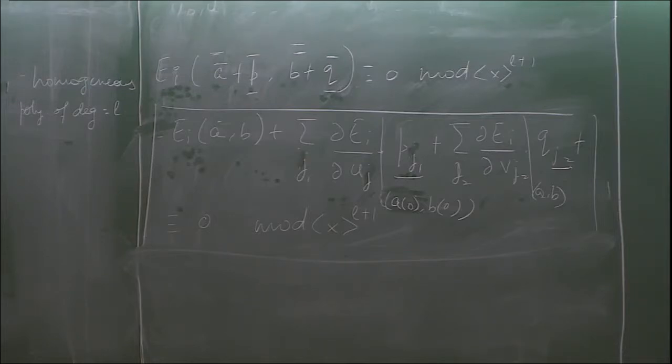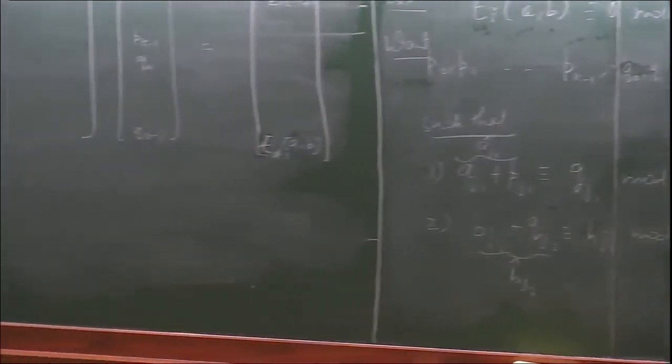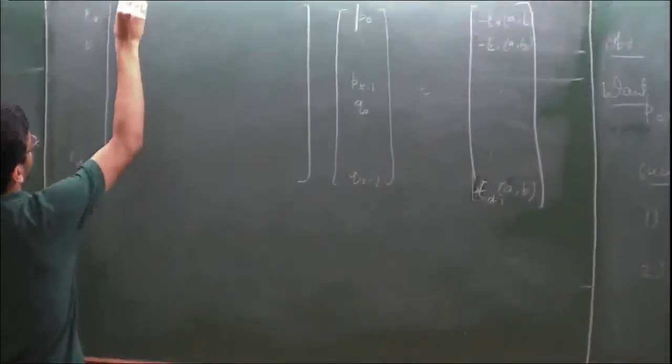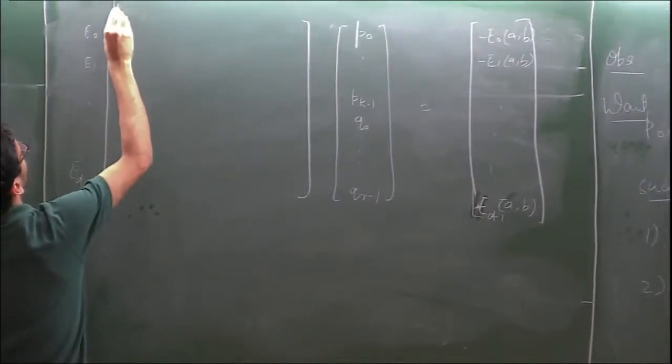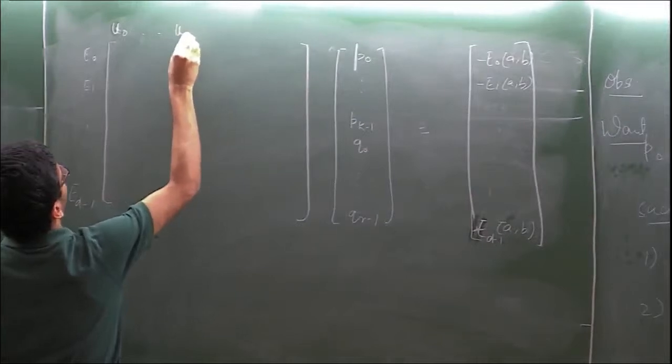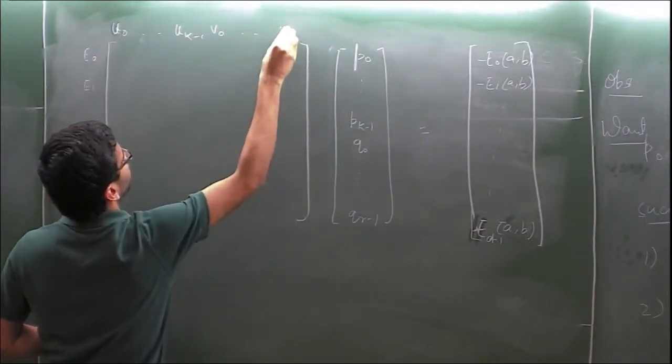Okay, so now let's just write down what the matrix looks like. The rows of this are indexed by E_i. The columns are going to be indexed by u_0 up to u_{k-1}, v_0 up to v_{r-1}.